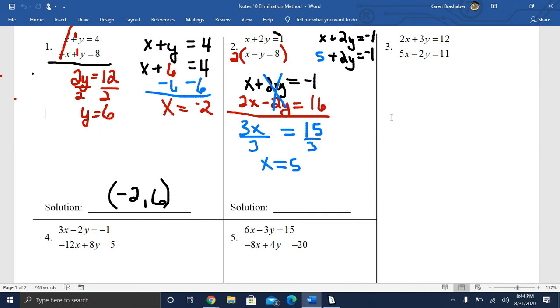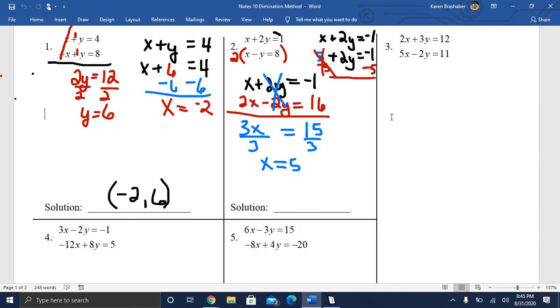So we'll continue to solve by subtracting the 5 from both sides of the equal sign. So -5 and -5. So the 5s will cancel.